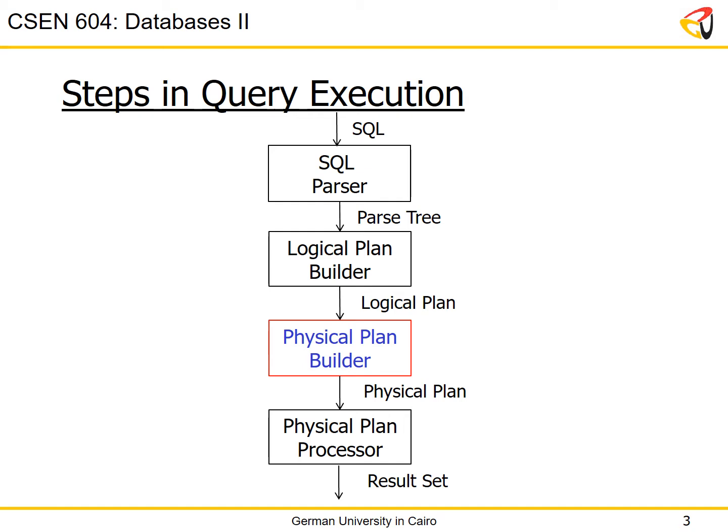Consequently, there are two parts to it. The first part is what is a physical plan, and the second part is how is the optimization done on the physical plan. Now, if you remember from last lecture, I didn't spend much time on the topic of what's a logical plan, because a logical plan is a relational algebra tree. You've studied relational algebra trees in database 1.